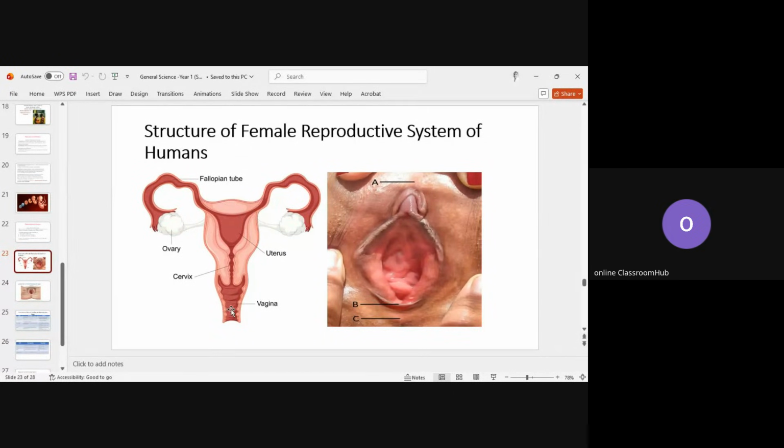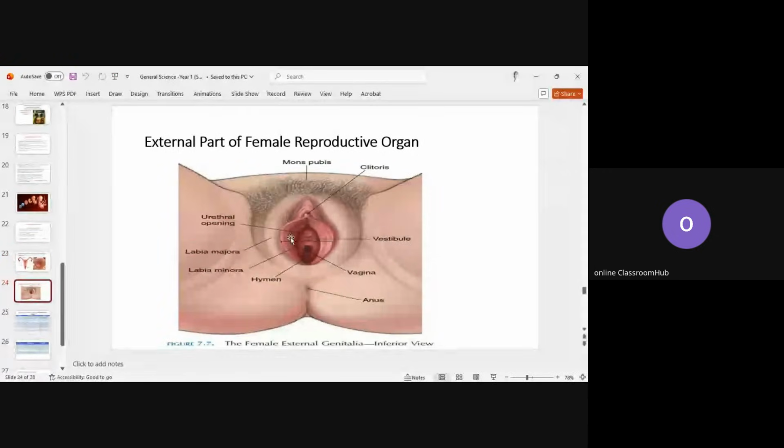So when the penis is introduced here, sperm is released, which swims through the cervix and then moves on to the fallopian tube, where if there is a waiting egg, fertilization occurs. So without this external opening, nothing can enter and go to the ovaries.